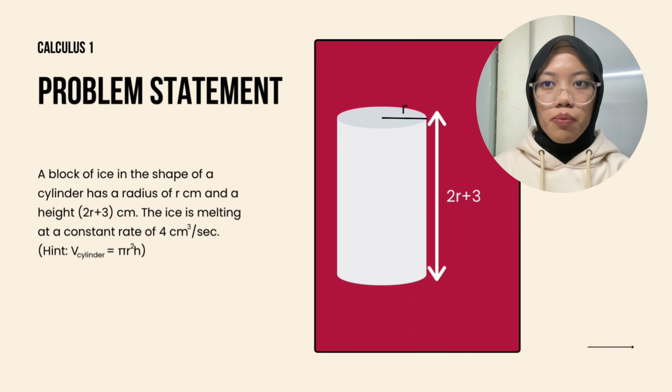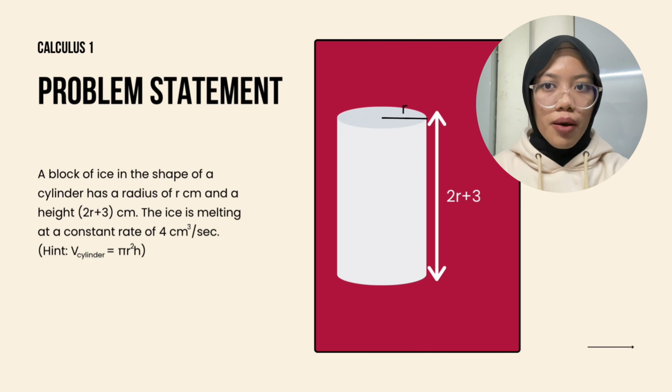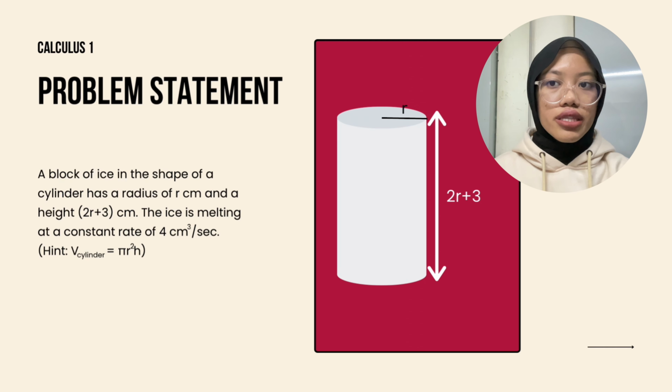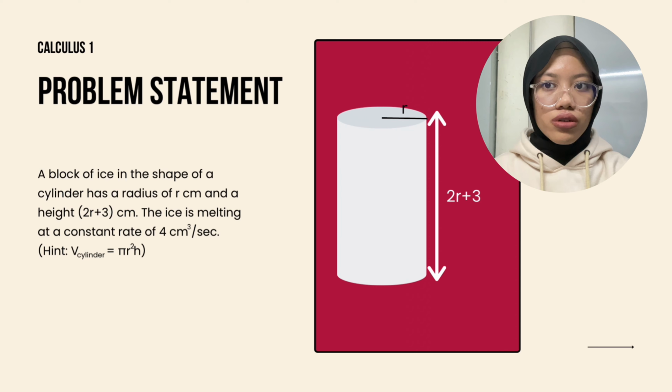Let's move to the problem statement. A block of ice in the shape of a cylinder has a radius of r cm and the height is 2r + 3 cm. The ice is melting at a constant rate of 4 cm³ per second. The hint given is V cylinder = πr²h.